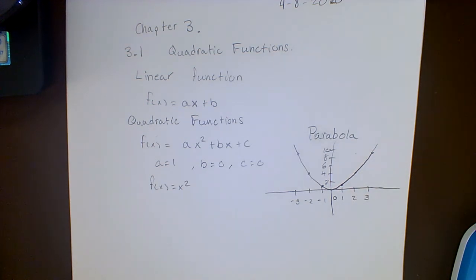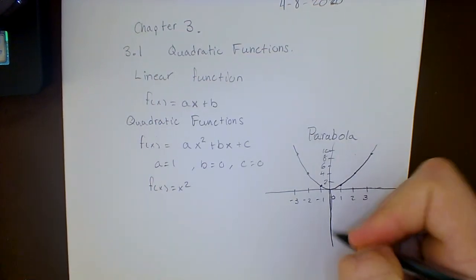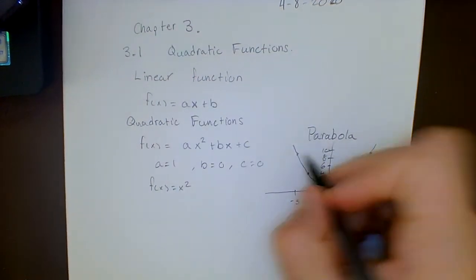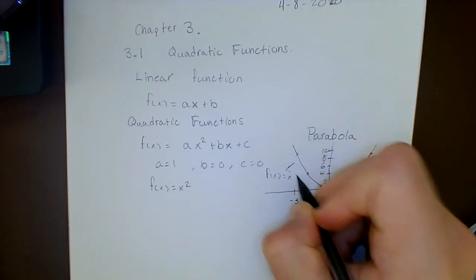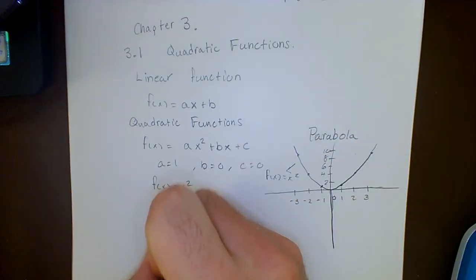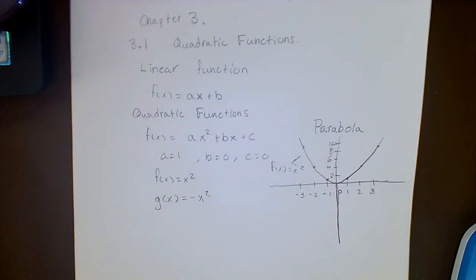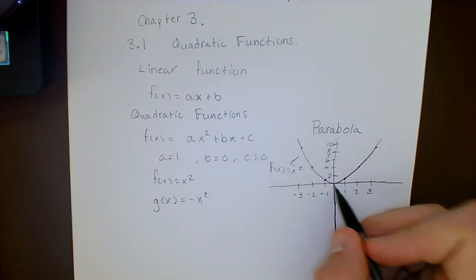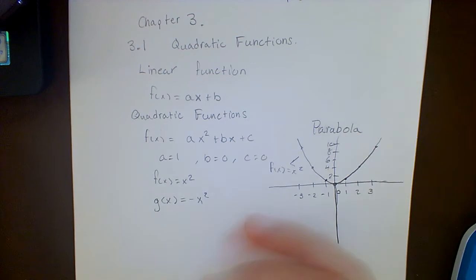For example, we'll make this a little bit bigger here. This is f of x equals x squared. Now what if we have g of x equals negative x squared? Well then, 0 squared is 0, and if you negate it, it's still 0.